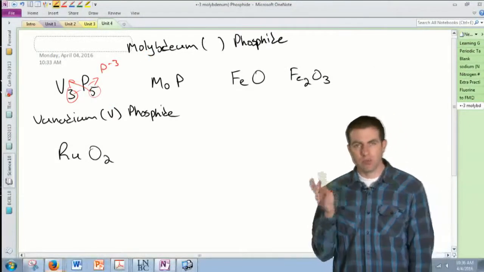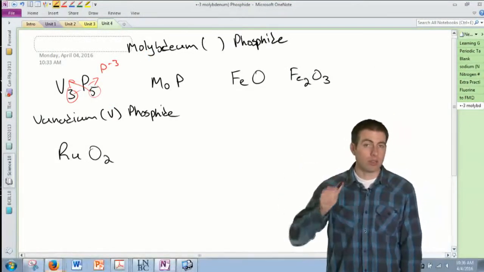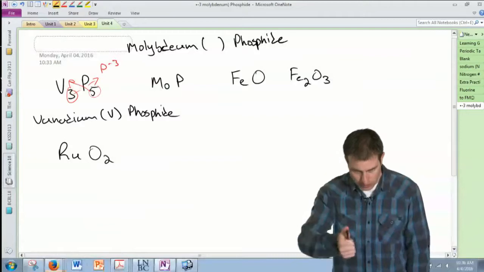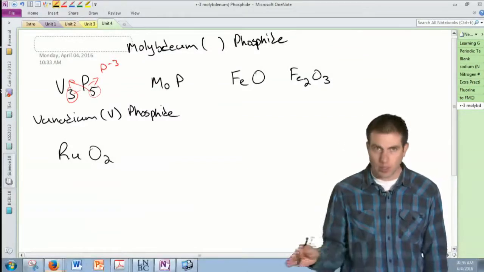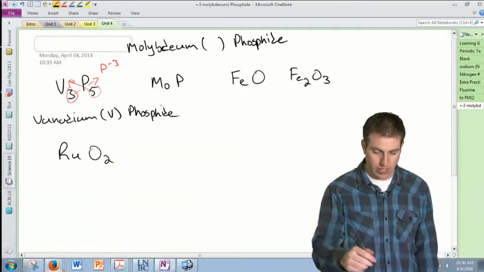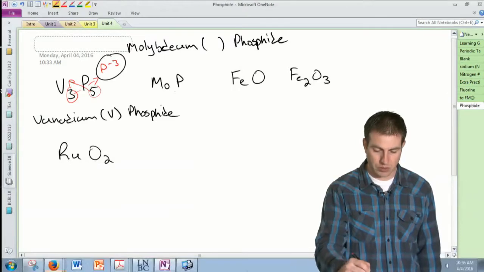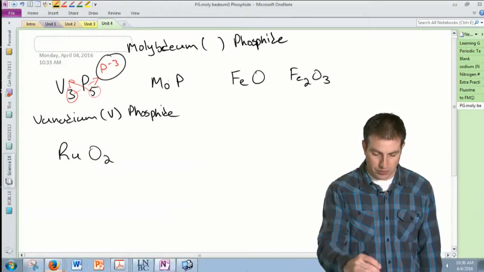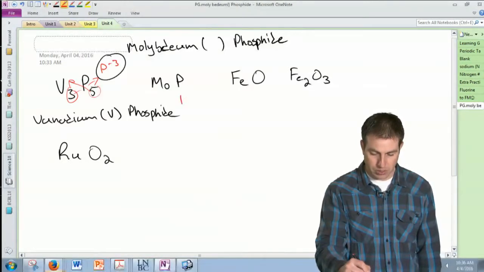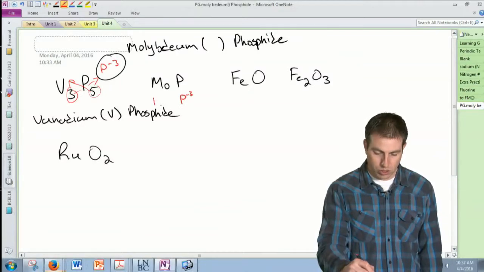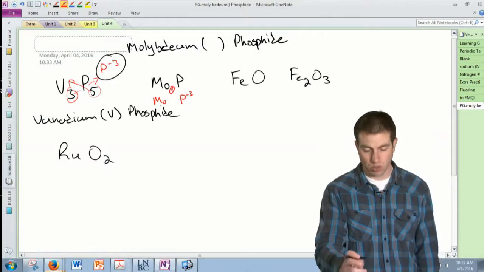When we are kind of confused, it's important to look at the nonmetal. So in this case, phosphorus always, 100% of the time, has a charge of -3. If phosphorus has a charge of -3, what charge does the molybdenum have to have? There's only one of them. I haven't written in a 1, but I know there to only be one there.